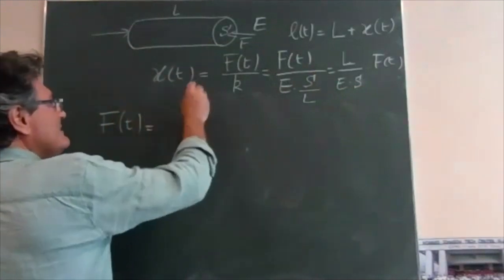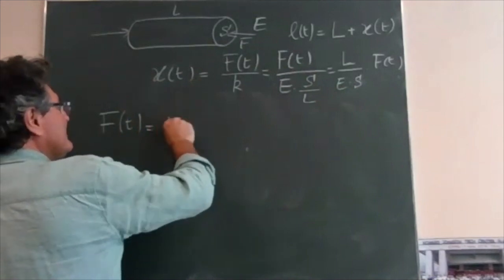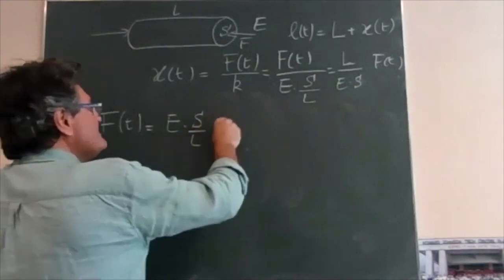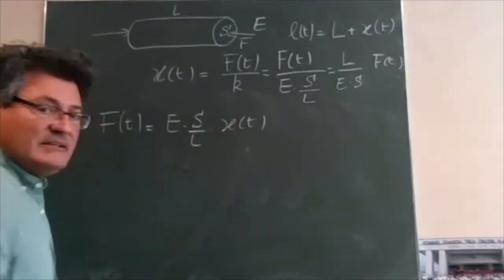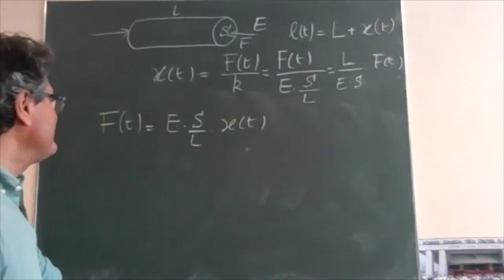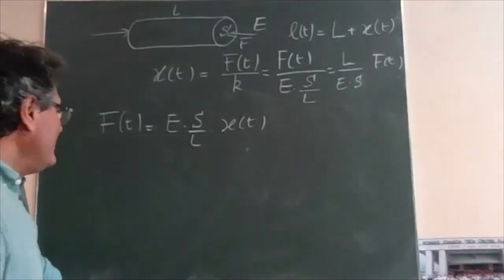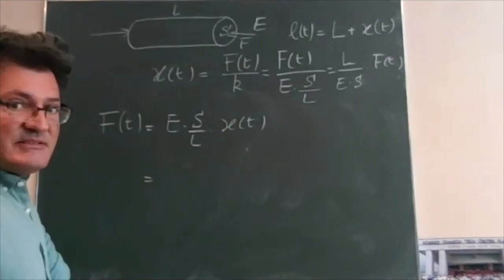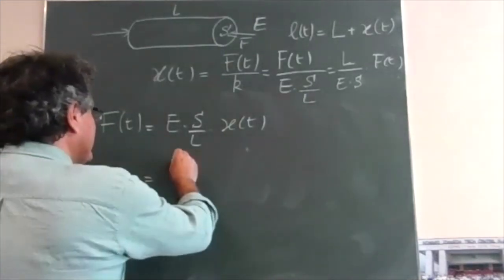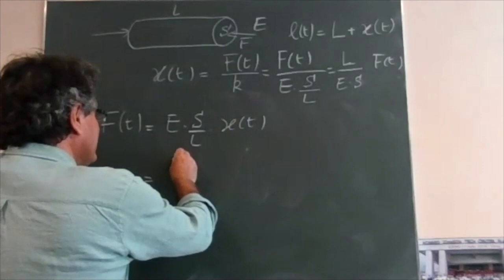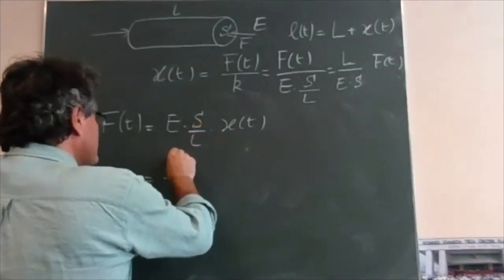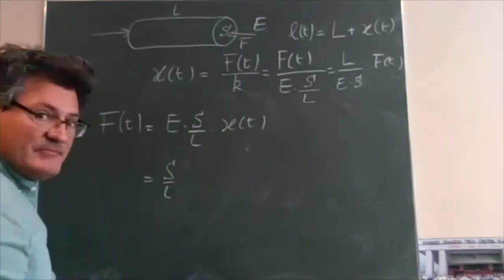F of t is equal to E times S over L times x of t. Okay? Well, in this case, I cannot write this in this way, and I have to write it in that way. So S over L is a constant that can be taken out.